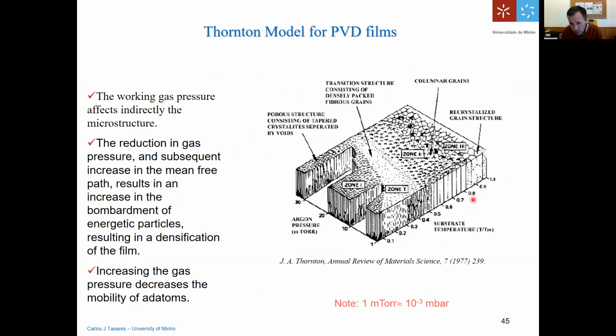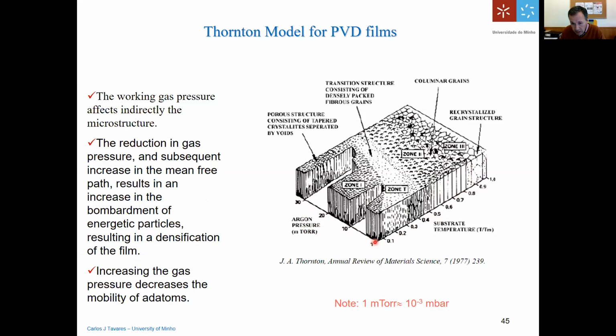You see two horizontal axes. One is the relative temperature: the temperature of the deposition divided by the melting temperature of the target material, so it goes from zero to 1. On the other horizontal axis, you see the argon pressure during deposition, in units of torr.